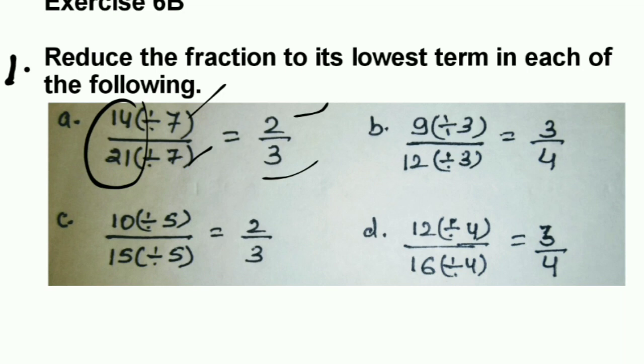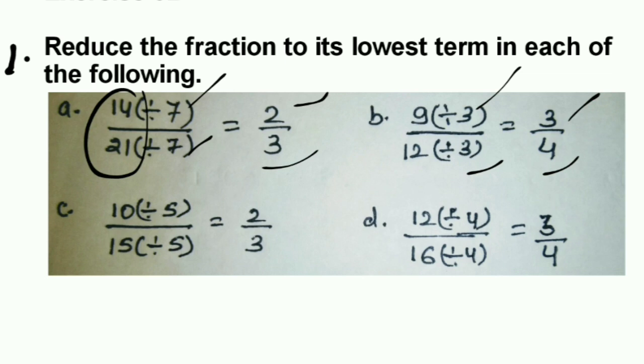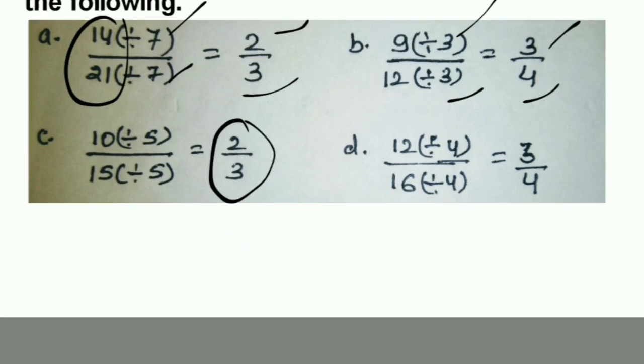Next, 9 upon 12. 9 and 12 will go only one table, that is 3. So 9 divided by 3 is 3 and 12 divided by 3 is 4. Next, 10 divided by 5 and 15 divided by 5, because common number is 5 in both 10 and 15. So the answer you will get 2 upon 3. Rest question, do it yourself.